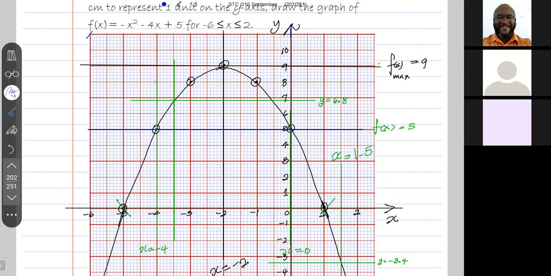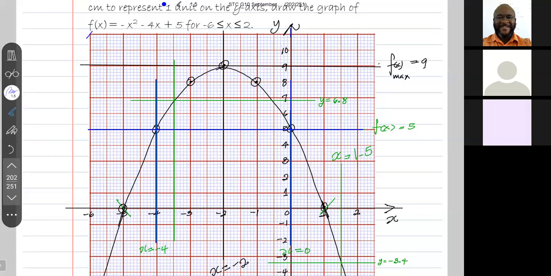All right, it meets the graph where x is equal to minus 4 and where x is equal to 0. All right, so this graph now has what? 3 regions.